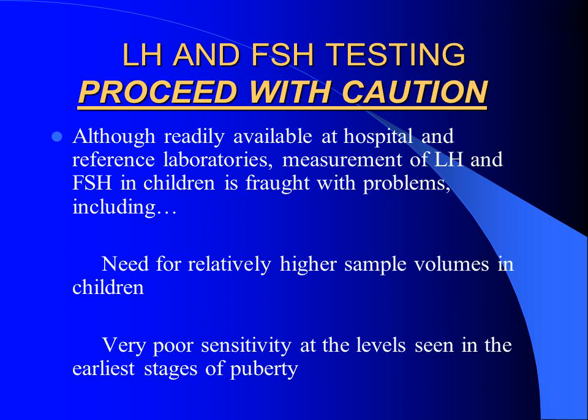Although readily available at hospital and reference laboratories, measurement of LH and FSH in children is fraught with problems, including the need for relatively higher sample volumes in children and very poor sensitivity at the levels seen in the earliest stages of puberty.